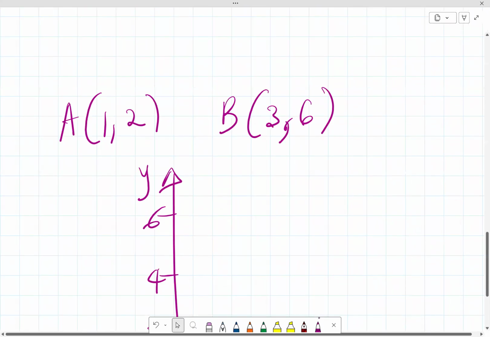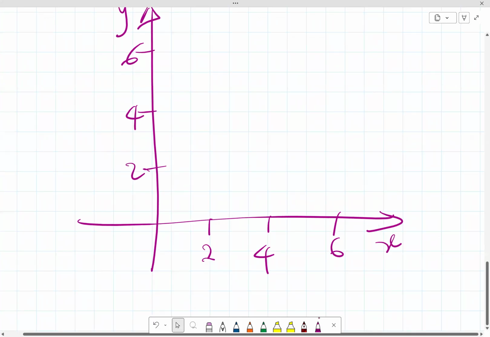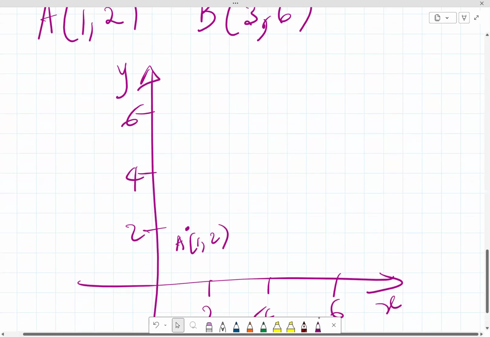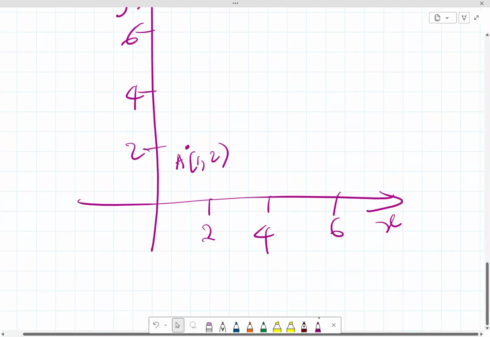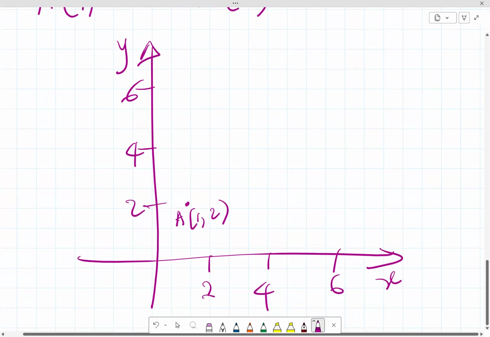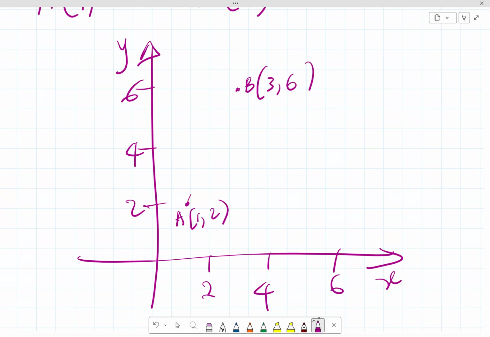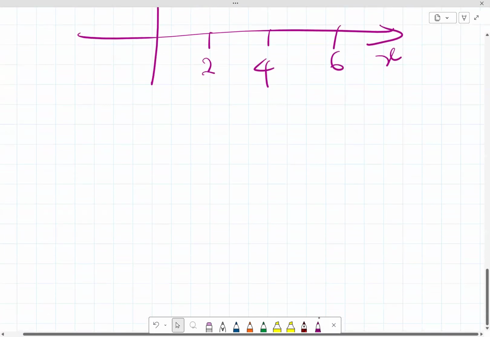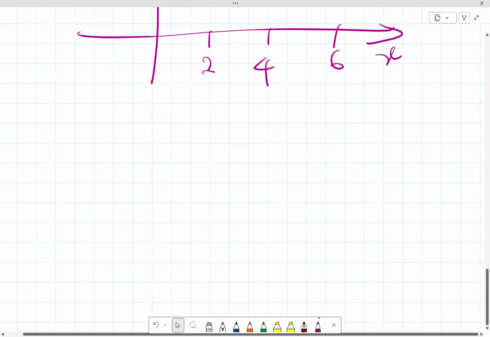So there's no point if you don't have to plot it, but if you plot it, it's not a problem. So this is point A now. This is 1 comma 2. 3, 6. You have 3 against 6 here. Something around here is B, 3 comma 6. So this is the line now. So we need to find the equation of this line. Now, the whole idea is everything is still connected to the slope at the end of the day.